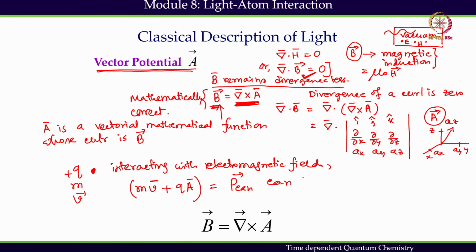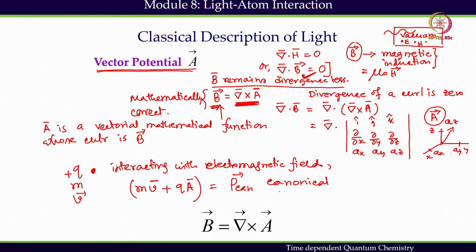This is something which I am introducing, and these concepts are taken from electromagnetism, the classical theory of charge particle interaction with electromagnetic field. And we are just picking up the useful information which will be used in the context of light atom interaction.